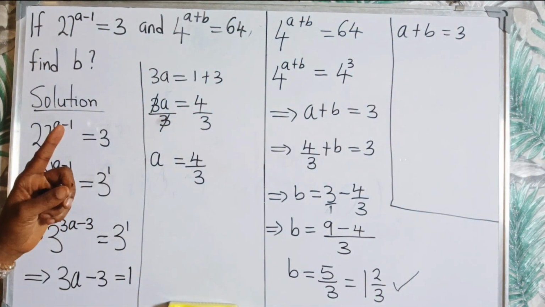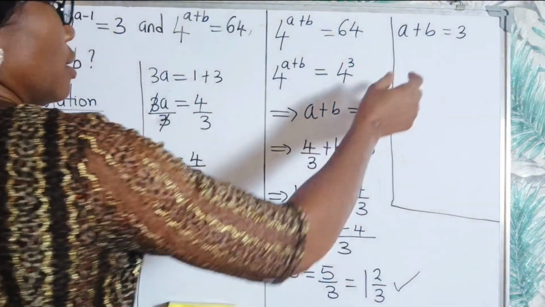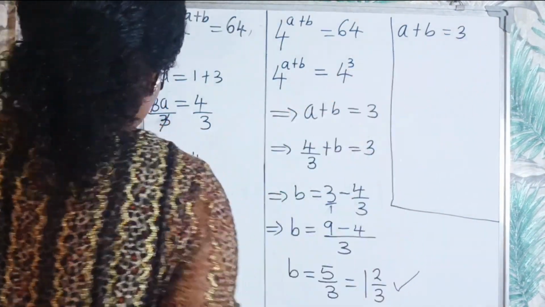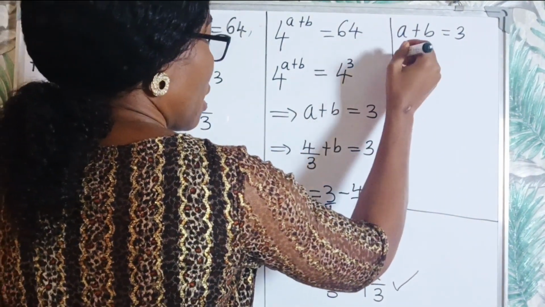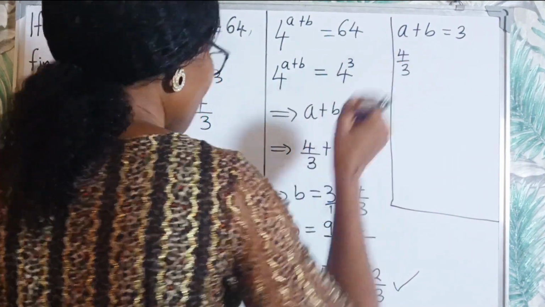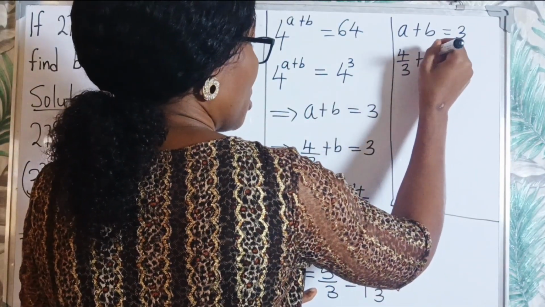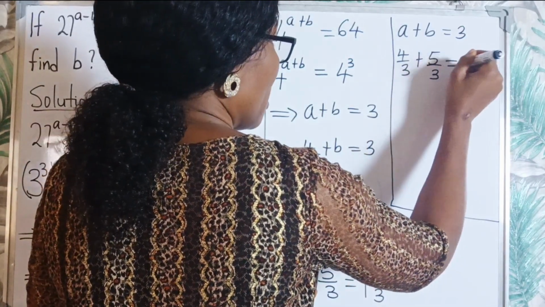If they are correct, the value of a and b will be equal to 3. So here we had a as 4 over 3, and b as 5 over 3. So 4 over 3 plus 5 over 3, and this is equal to 3.